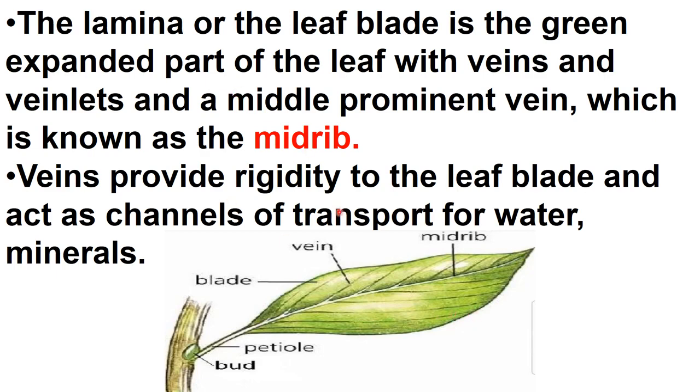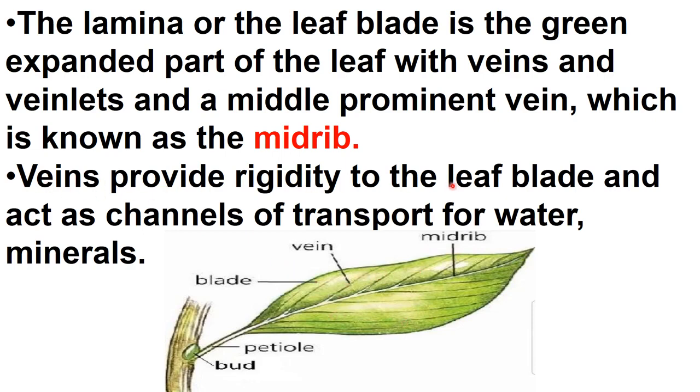There is also a middle prominent vein, known as midrib. This middle vein is thicker than other veins. This middle prominent vein is called midrib, and all these are other veins.